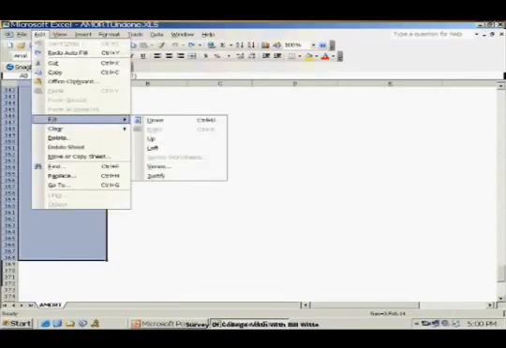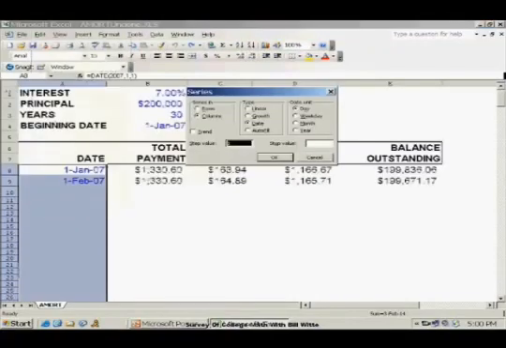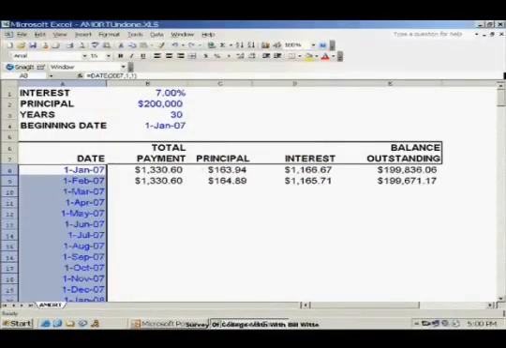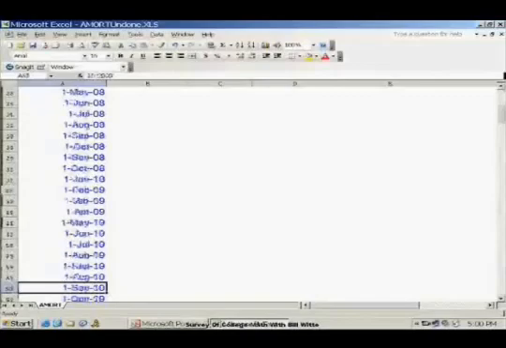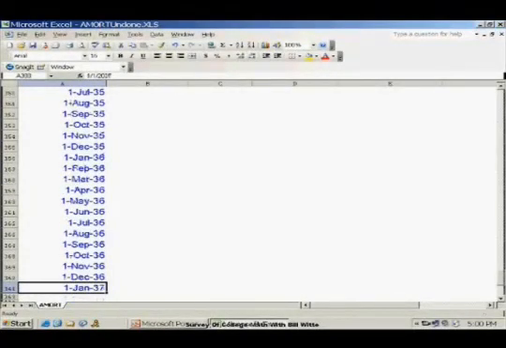Edit, fill, series. Go up 1 month at a time for me, spreadsheet, will you? And bang, it filled all those in. Look at that. All the way down. And I actually went too far, didn't I? Let me delete that one. Okay, should be finished as of December.